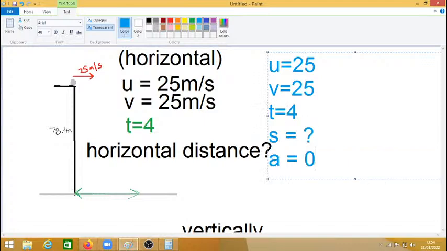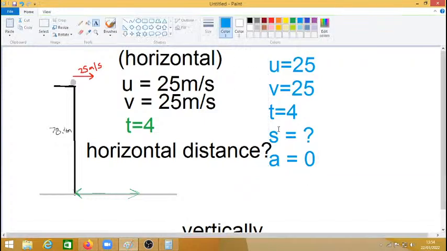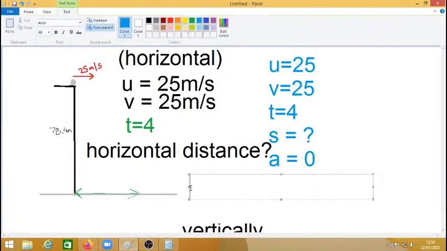Acceleration, we know it's 0, because we're assuming in these kinds of questions that nothing's going to slow it down, no air resistance, no friction. So actually we know everything except the distance. So let's put that into a formula. There's only one that starts with s that I told you earlier, so let's try that one first.